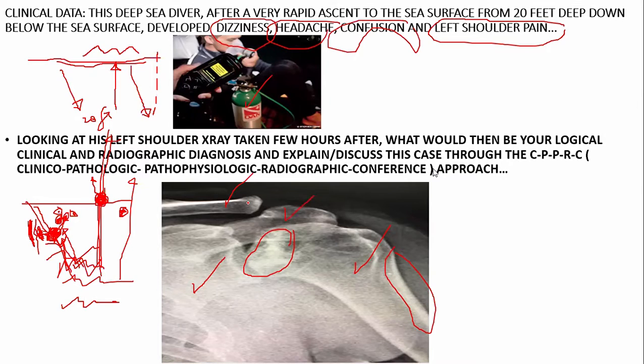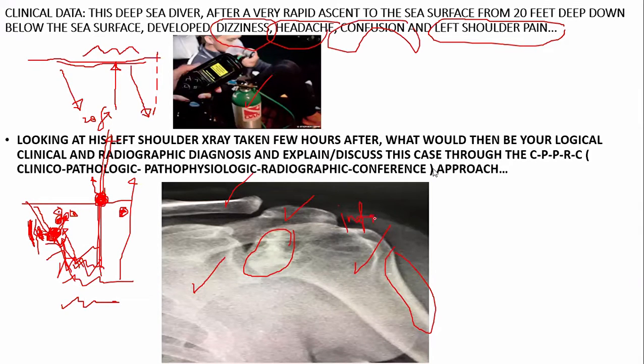So this is the acromioclavicular joint space. If you look at it, there's a white thing here. Actually, this is a sclerotic area. It is a pathology which is non-specific, and one of the connotations of this is that this area of the bone developed infarction.